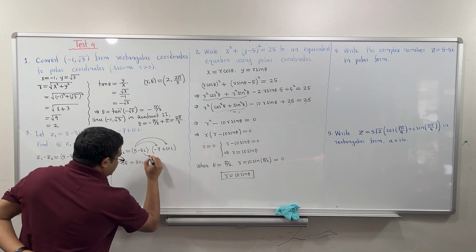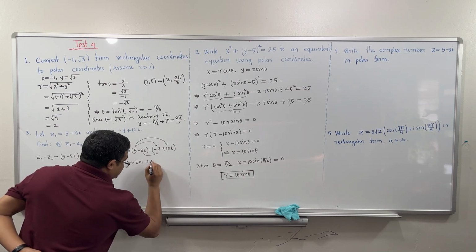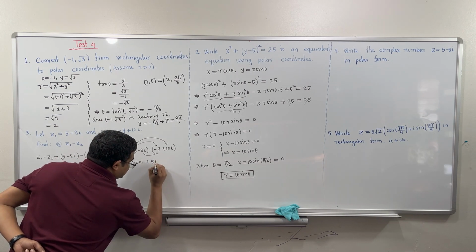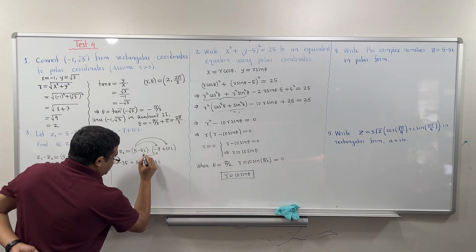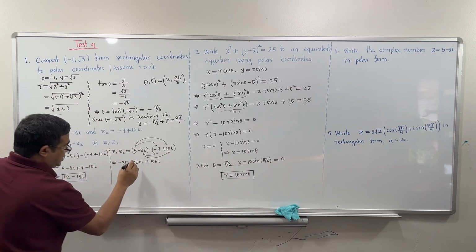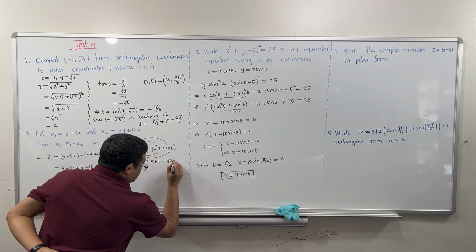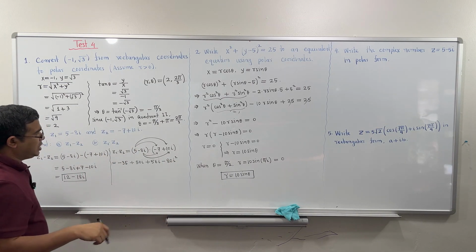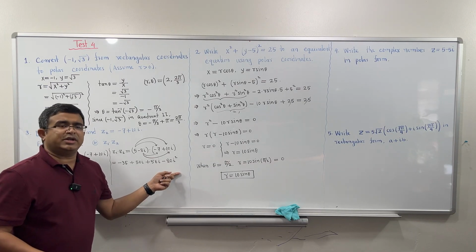Now if you multiply these two, so this is negative positive 56i, 7 times 8 is 56, and if you multiply these two, it becomes minus 80i squared. Now we know the property of i squared: i squared equals negative 1.